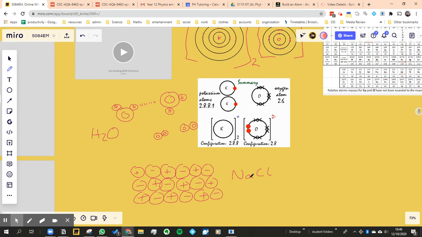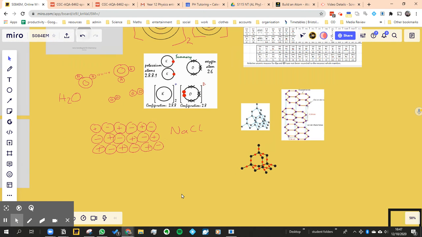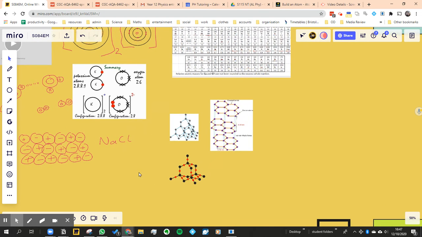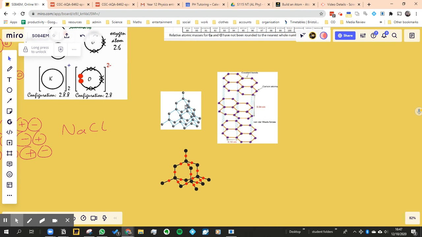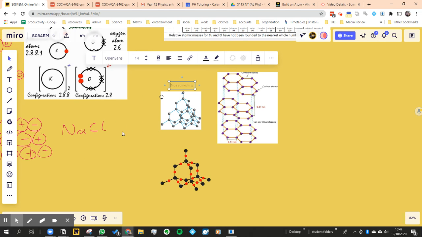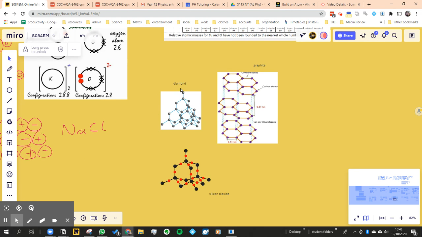They form lattices. You can also have a covalent lattice. Diamond is an example of a covalent lattice. So you can get covalent lattices like these ones over here. This one here is diamond. This is silicon dioxide. This is graphite.